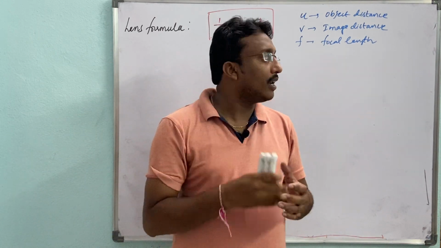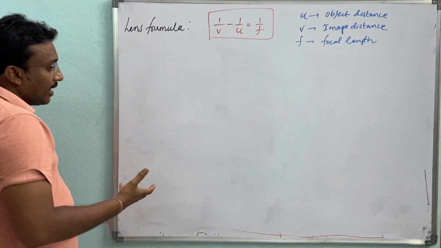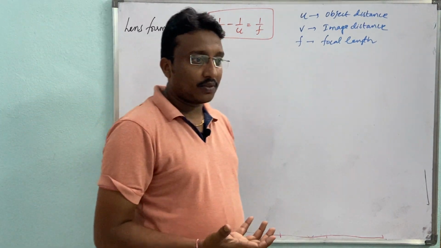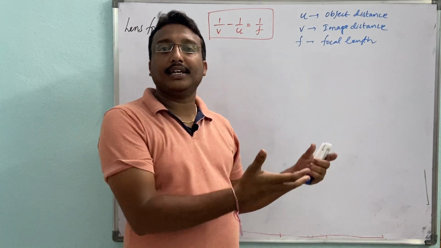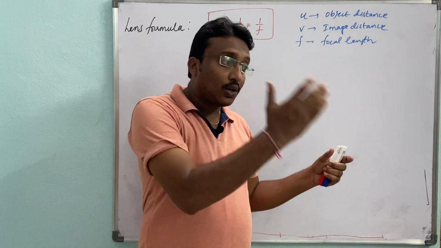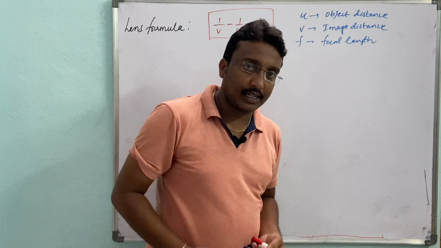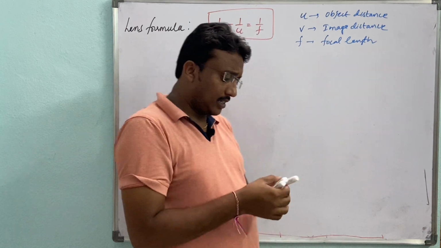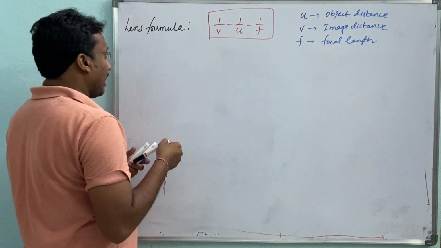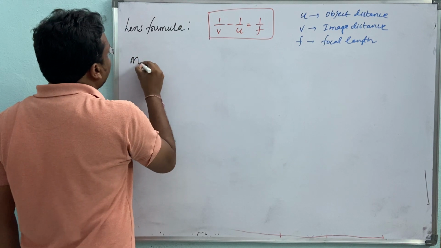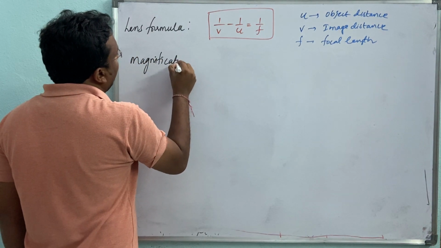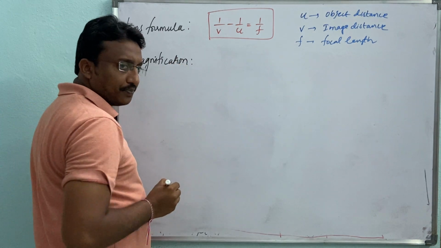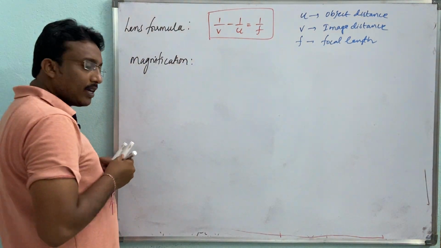So, to find the ratio of the height of the image to the height of the object, we have a relation called magnification.